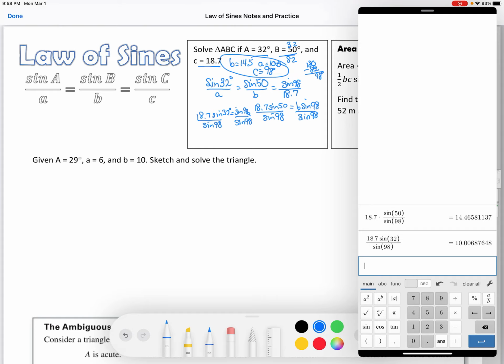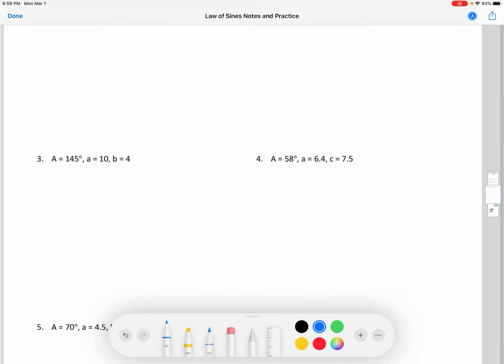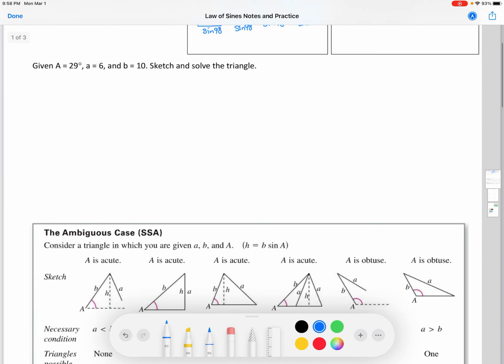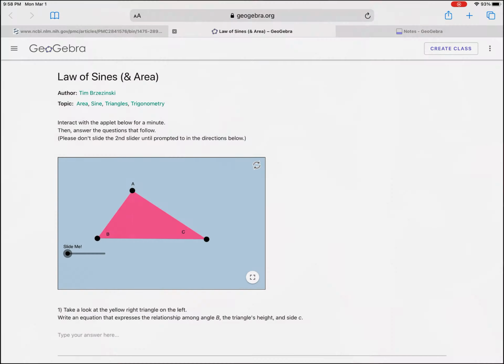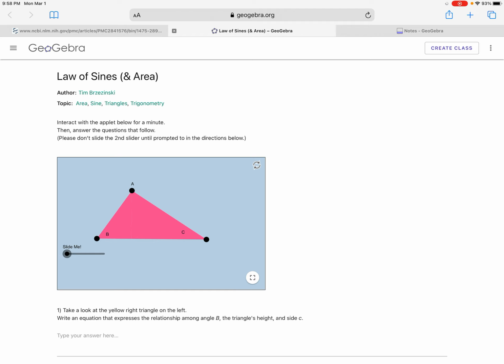Now we also have a formula that we use to find the area of an oblique triangle. And that area of an oblique triangle comes from the fact that if you're working with a regular or an oblique triangle, we know that the area of any triangle is 1/2 the base times the height.